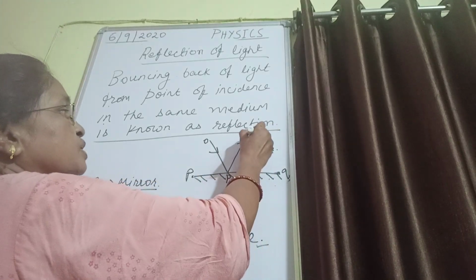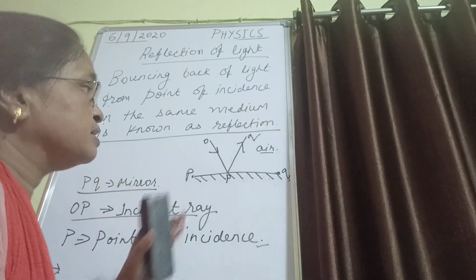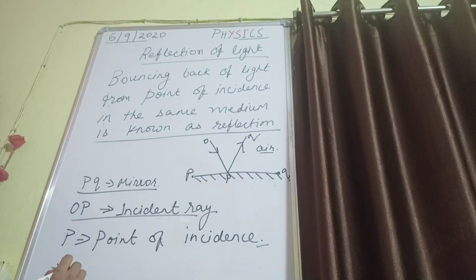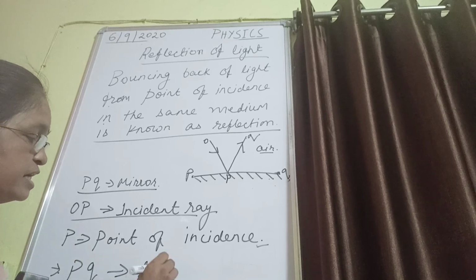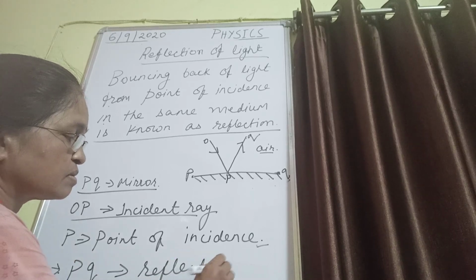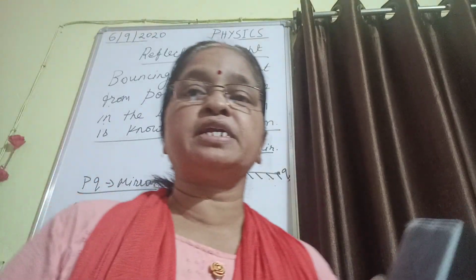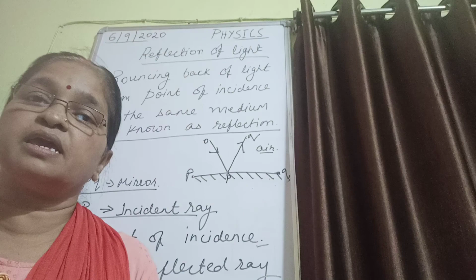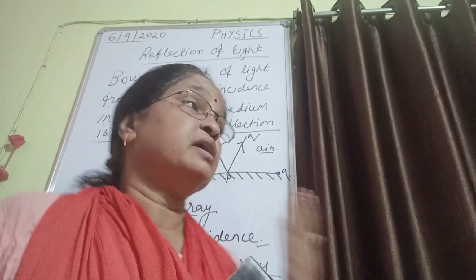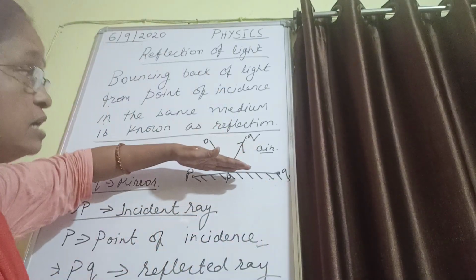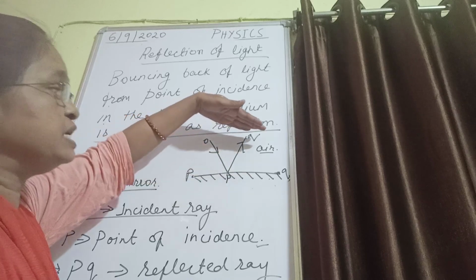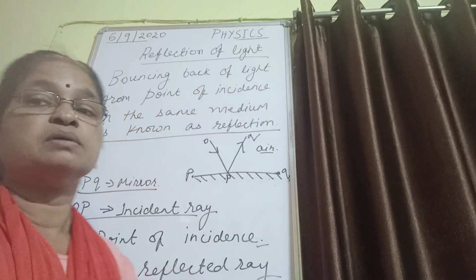This ray is known as the reflected ray. So students, see here, PQ is the reflected ray. So how will you define this reflected ray? The reflected ray is the ray which bounced back from the point of incidence in the same medium.